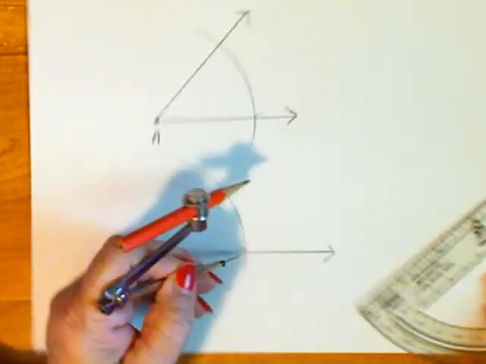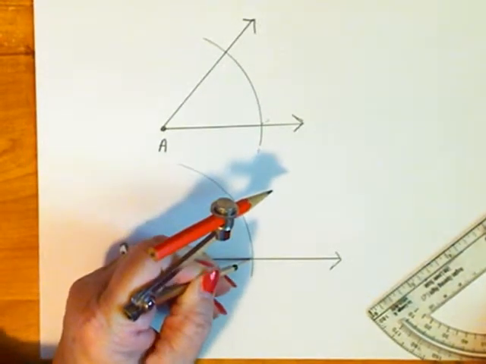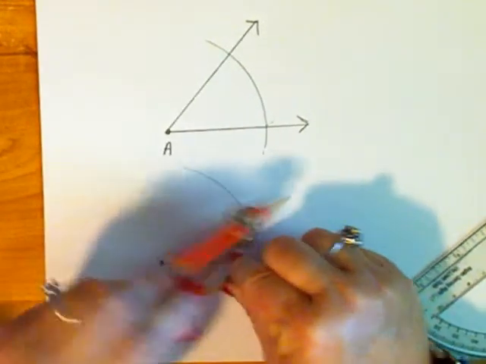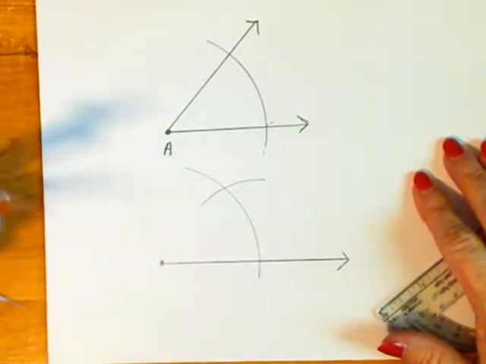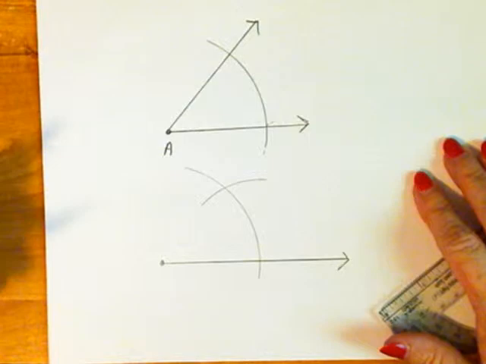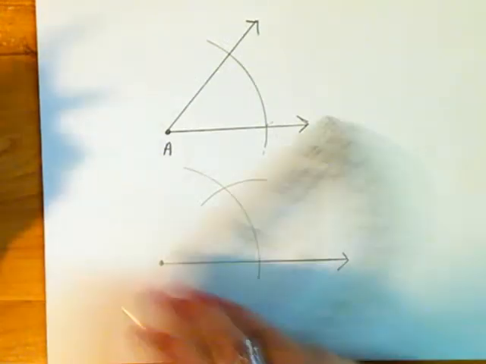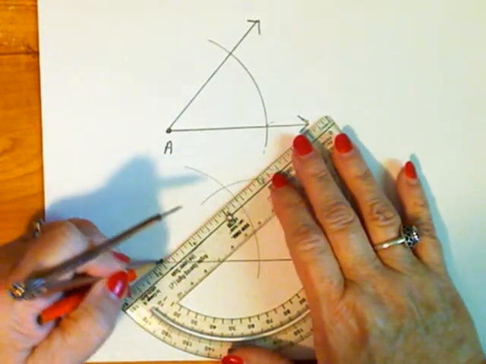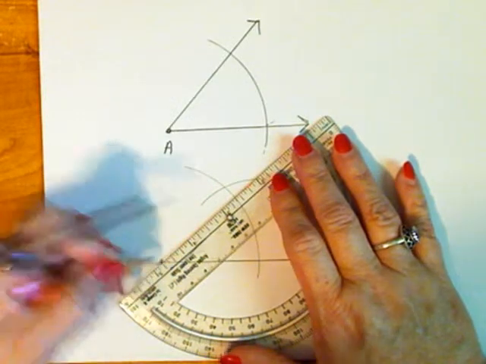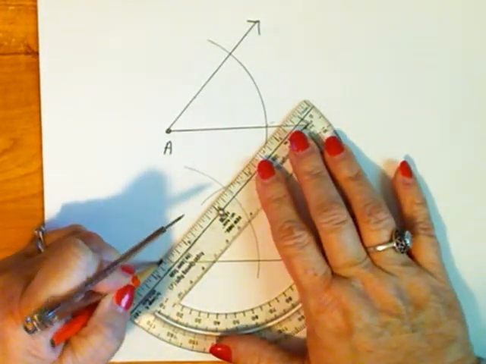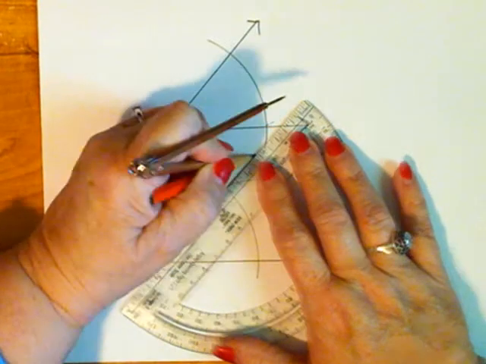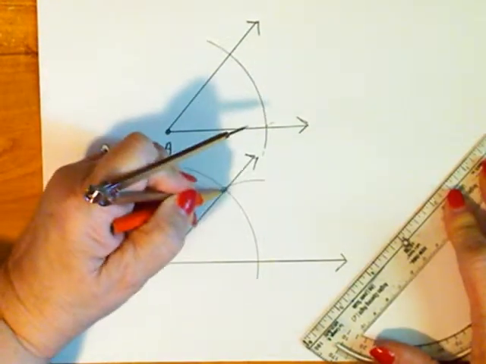Now I'm going to pick it up, go down here and press it into this point, and then simply arc until it crosses the arc I already made. Now that is where I'm going to draw my ray through. So I am going to put my line here and draw my ray through that point where it crossed. Okay, see, it went right through that point.